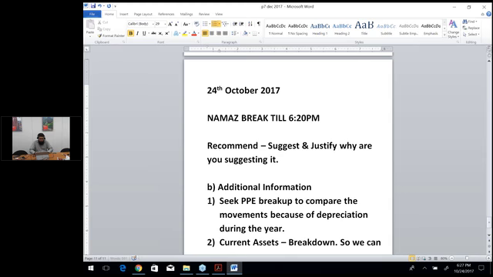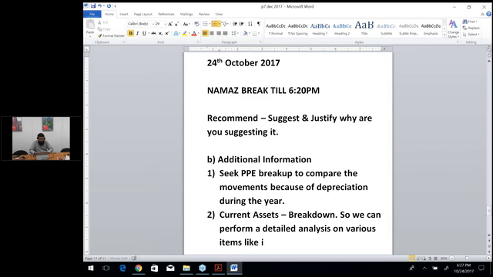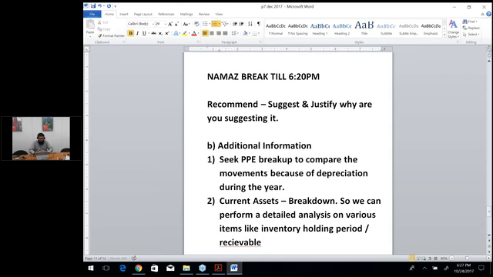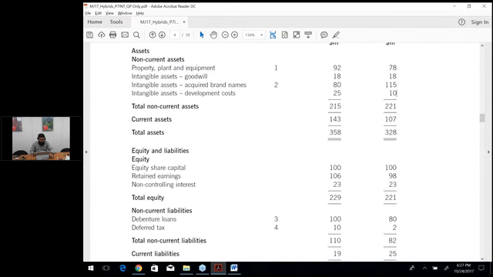So we can perform a detailed analysis on various items like inventory holding period and the receivable collection period, etc. This is the current assets.